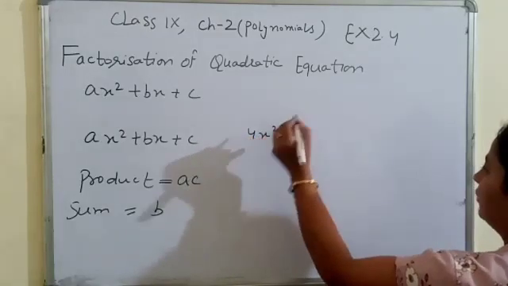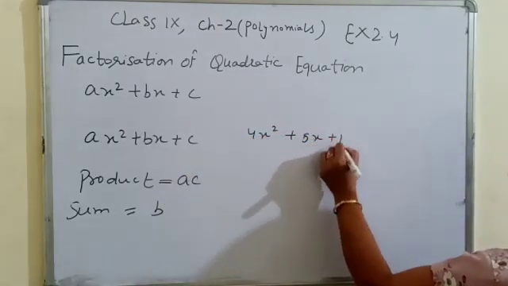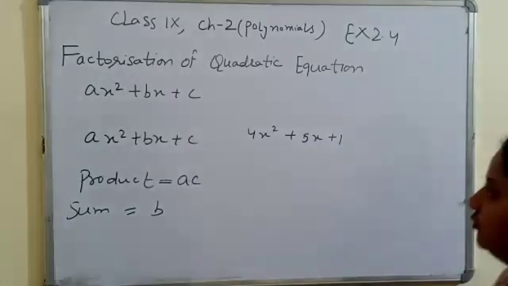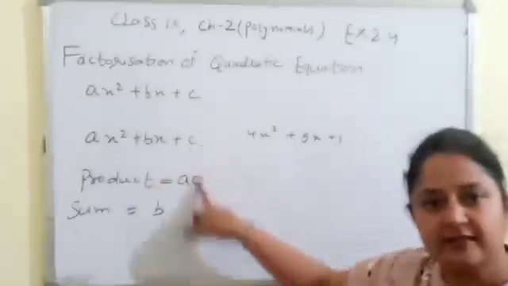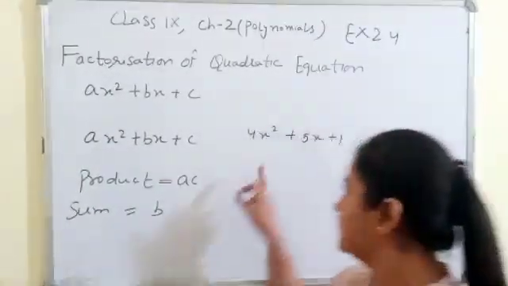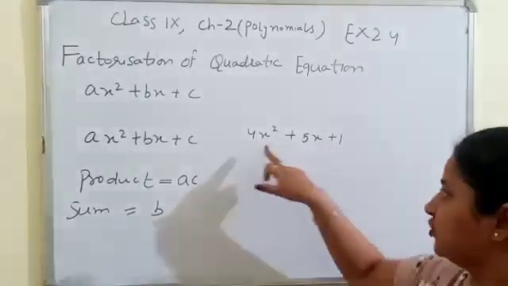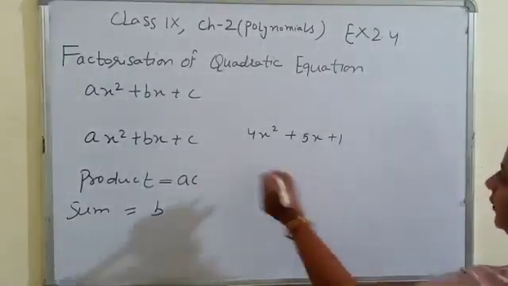Let's see one example. Suppose here is one question, 4x square plus 5x plus 1, and we have to factorize this quadratic equation. So by following the same step, firstly we will check the product of the first and the third coefficient. The first coefficient is 4, the third coefficient is 1. So what is the product?